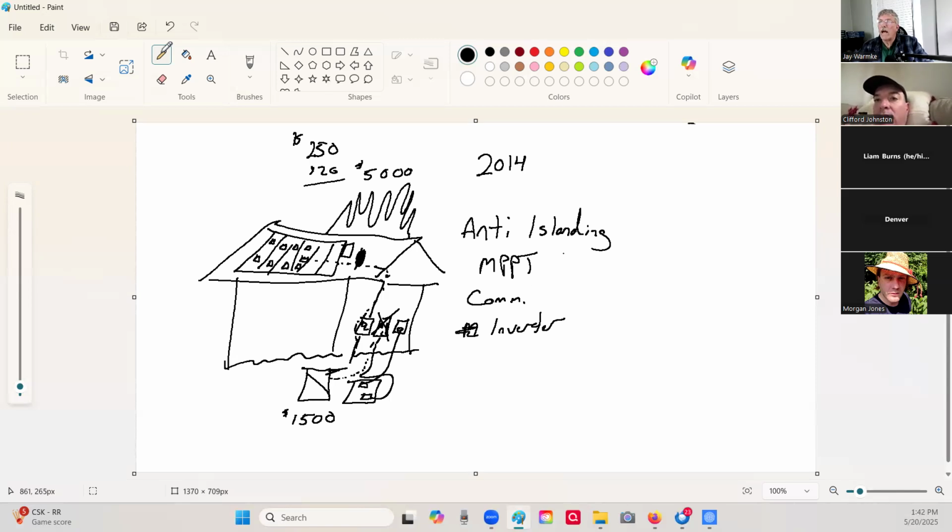So then SolarEdge came along and they said, you know what we could do is we could put everything up here, the anti-islanding, the MPPT, the communication, we could put that in a little electronic device, but let's not do the inverter part. Let's have an inverter down here, but let's put all three of the other things up there. And so that was known as a power optimizer.